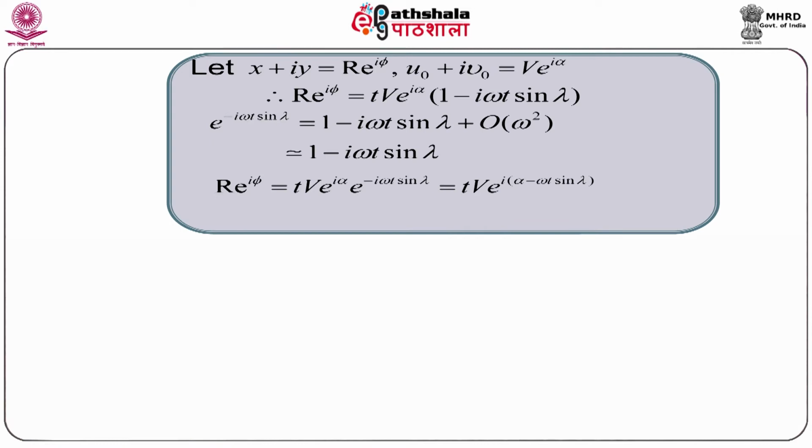Let x plus iy equal to capital R into e to the power i phi and u0 plus i v0 equal to capital V into e to the power i alpha. Therefore, capital R into e to the power i phi equals t into capital V into e to the power i alpha into 1 minus i omega t sin lambda.